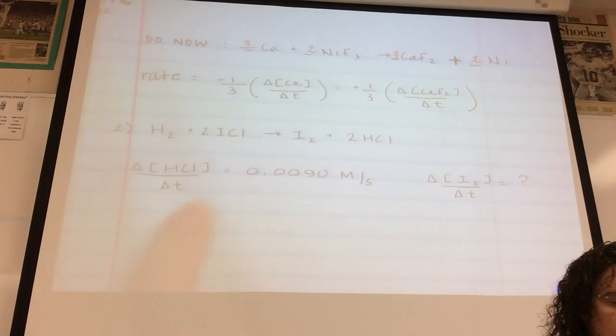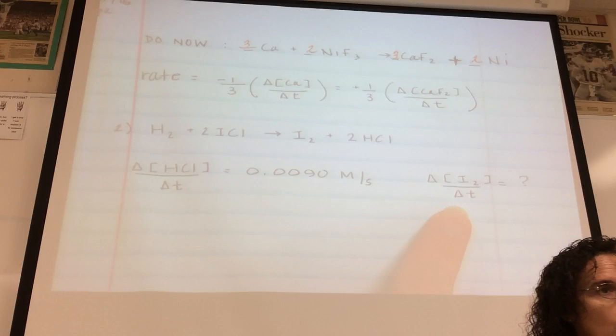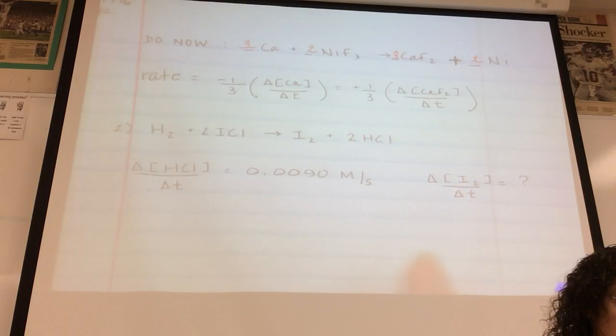So we have our given and we have our unknown. Now what I do is I write a rate equation with these two substances.